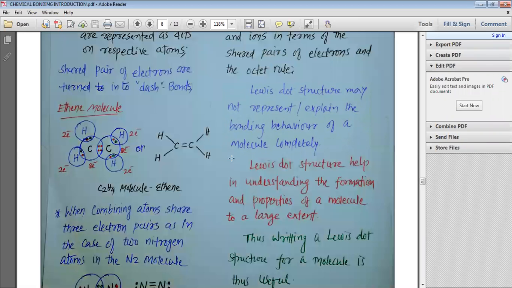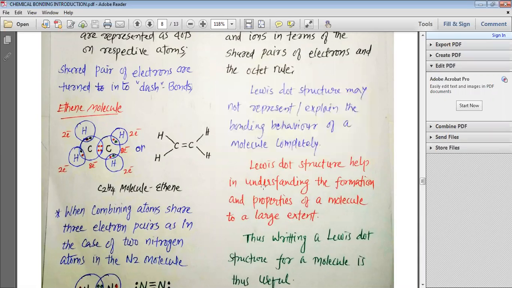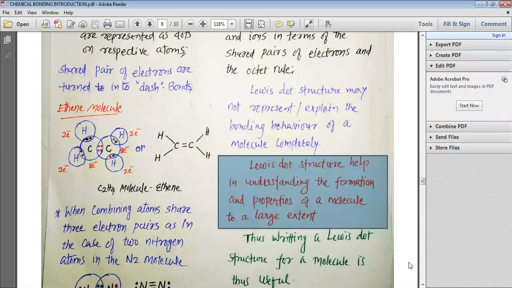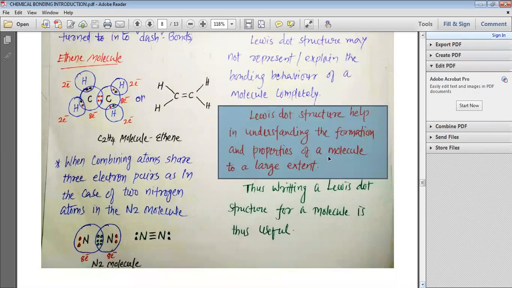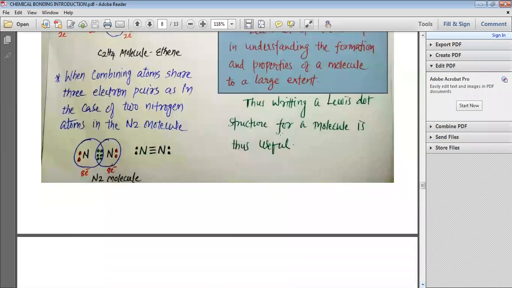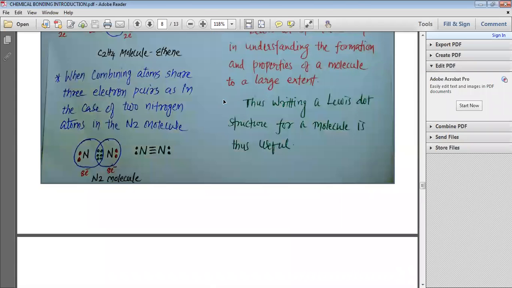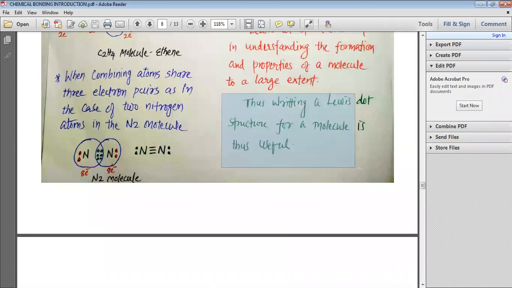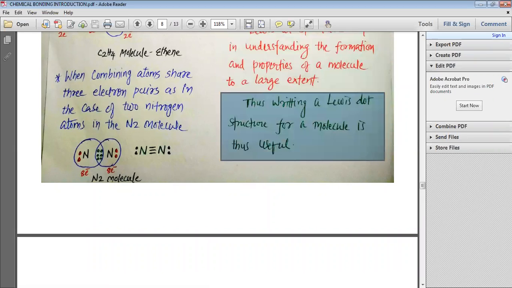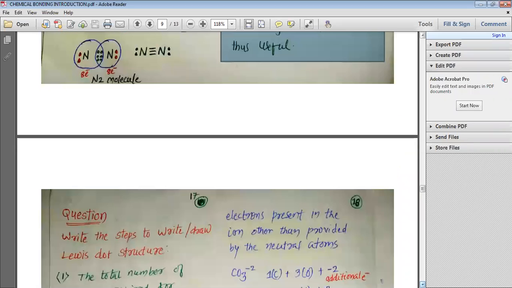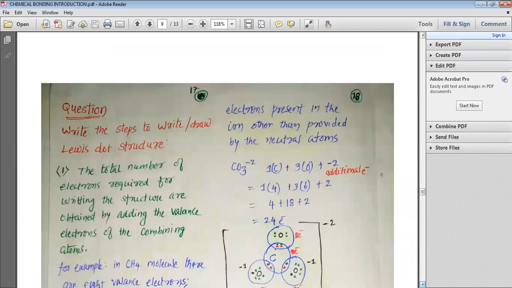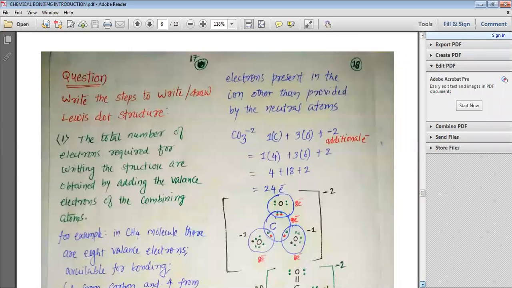Why do we study it? The Lewis dot structure helps in understanding the formation and the properties of a molecule to a large extent. Still, it explains so many things. Thus, writing a Lewis dot structure for a molecule is useful, and as it is useful, we understand the Lewis dot structures for various molecules.